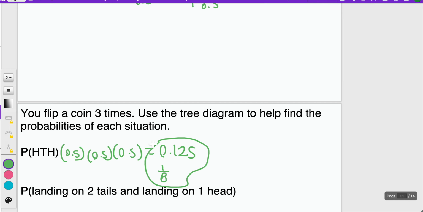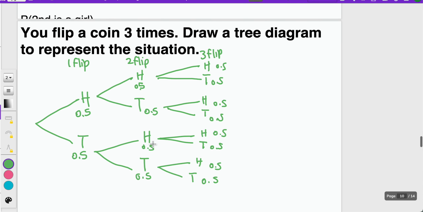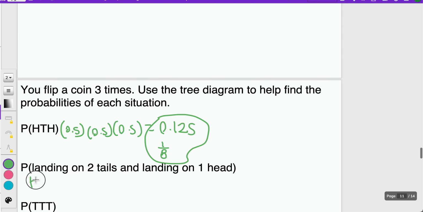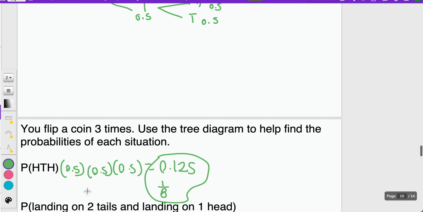Okay? The probability of landing on 2 tails and 1 head. So right here I'm just looking at how often can that happen. So I have heads, tails, tails. Didn't say what order. And tails, tails, heads.